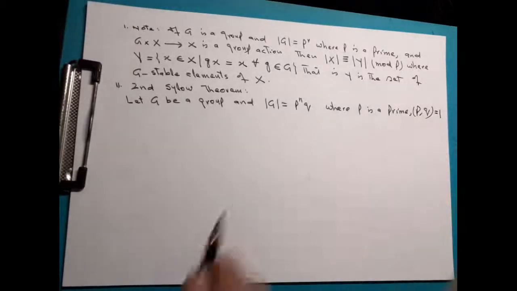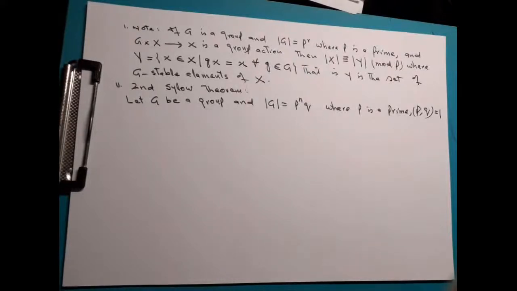This means that P raised to power n is the highest power of the prime P which divides the order of the group G. So let G be a group and the order of G is equal to P raised to power n into Q, where P is a prime and P and Q are co-prime.